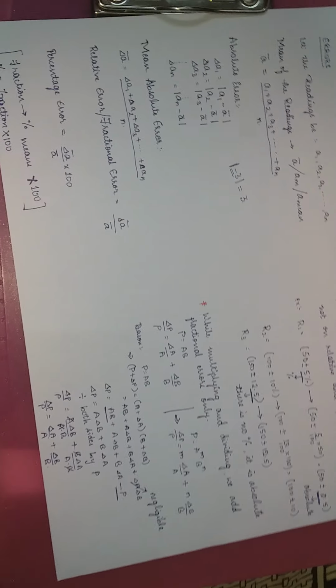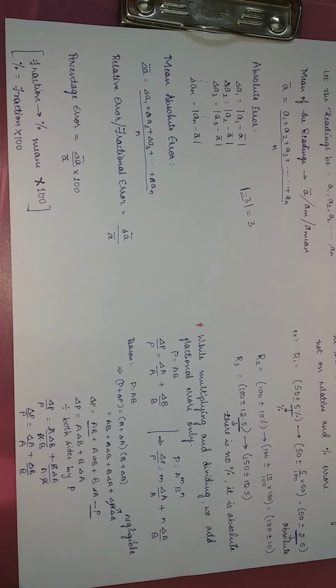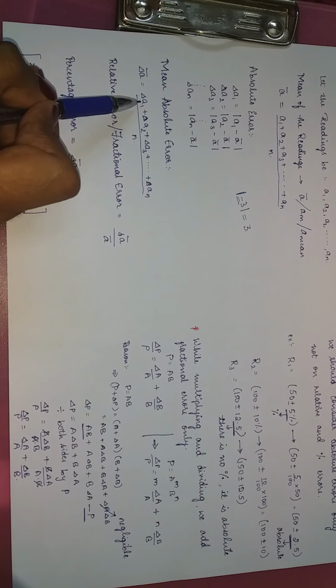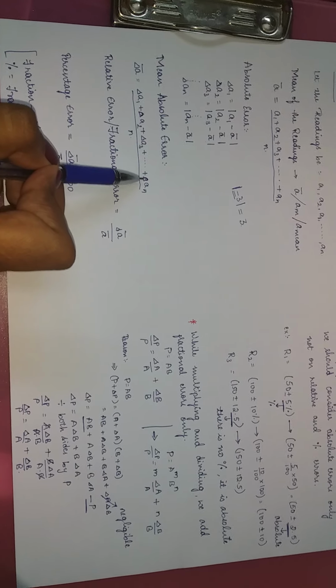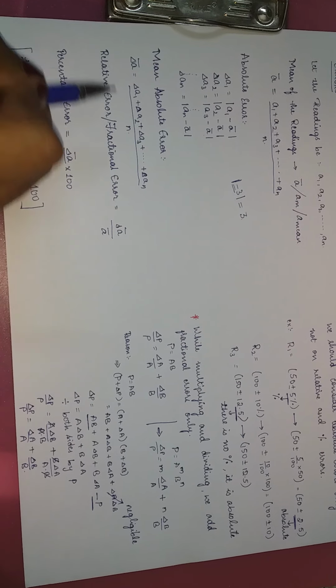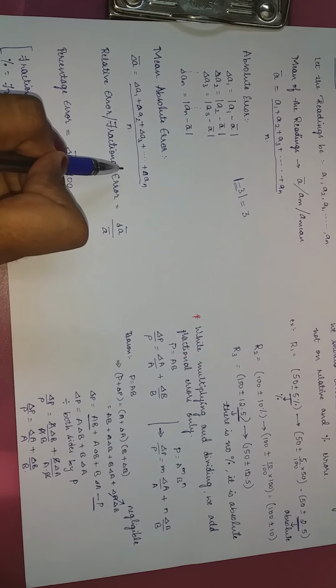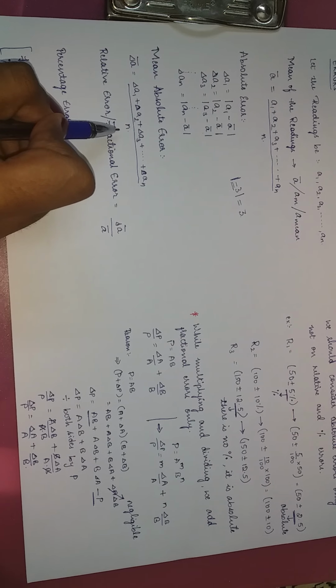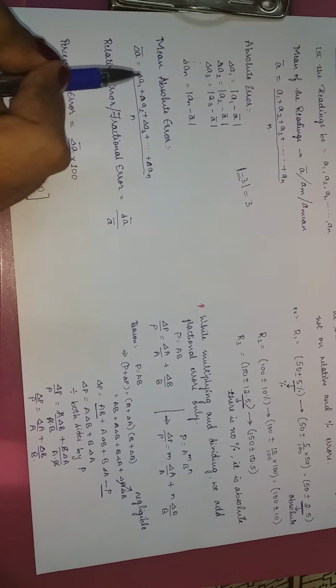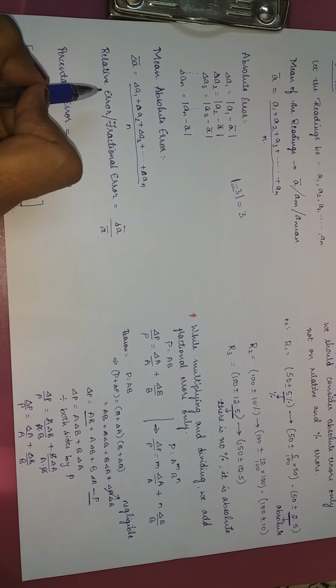There's something called mean absolute error. In this mean absolute error, you will take the mean of the individual absolute errors. So again, it is the summation of all these individual absolute errors divided by the number of readings taken, the number of absolute errors present. So this is mean absolute error.